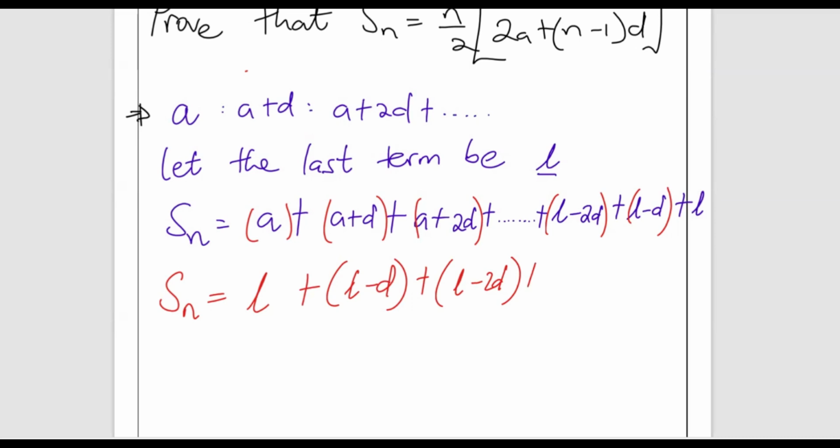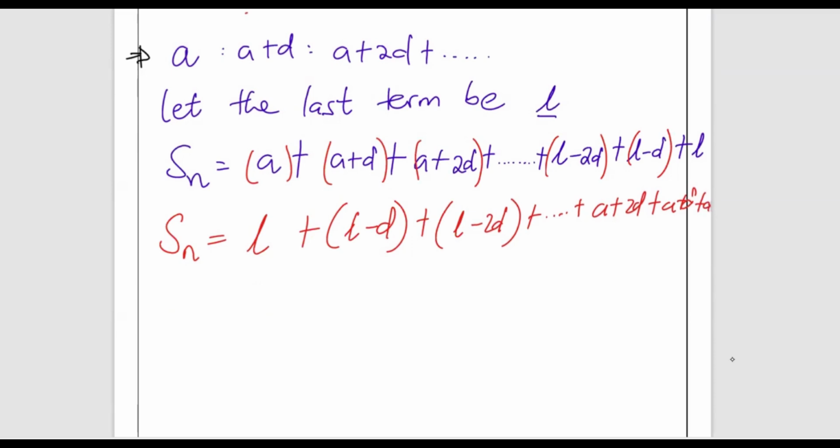Yes. Then plus, I can have whatever terms are there, and then I'll have my a plus 2d, and then my a plus d, and then I'll have my a as the last term. Then I have my two equations, okay? So equation 1 and then equation number 2. Then all I'll have to do is just add these two equations and see what I'll get.